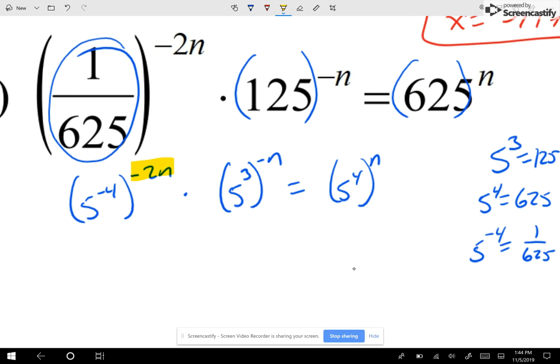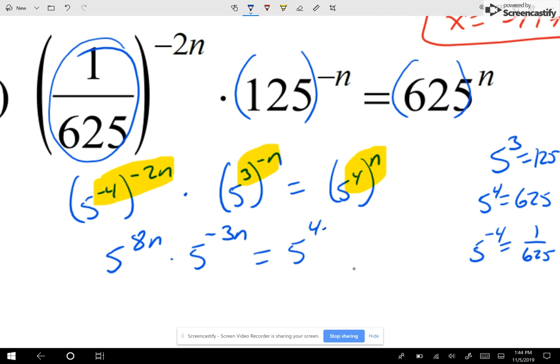I'm going to get rid of parentheses by multiplying my exponents on those three cases. So I get 5 to the 8n times 5 to the negative 3n equals 5 to the 4n.